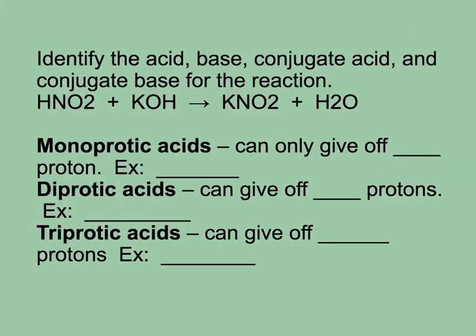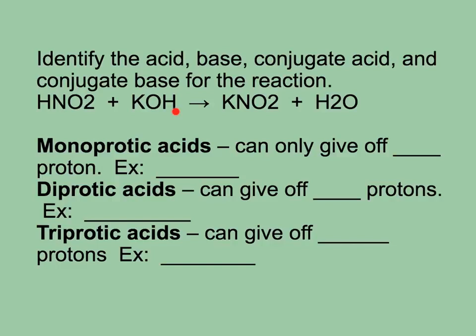So let's look at an example. We have HNO2 plus KOH yields KNO2 and H2O. So we want to identify where the acid is, where the base is, the conjugate acid, and the conjugate base for this reaction. So let's try. Looking at the reactant side, we know that we have an acid and a base. There's several ways that you can recognize this. You know that HNO2 is your acid because it starts with an H. The other clue is that this has an OH, so you know for sure that that's a base.